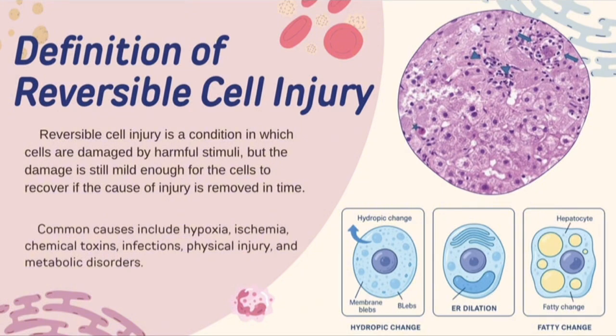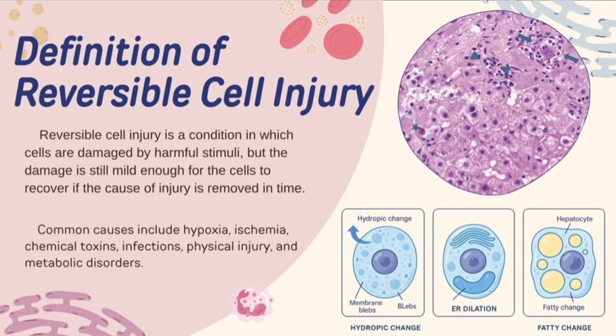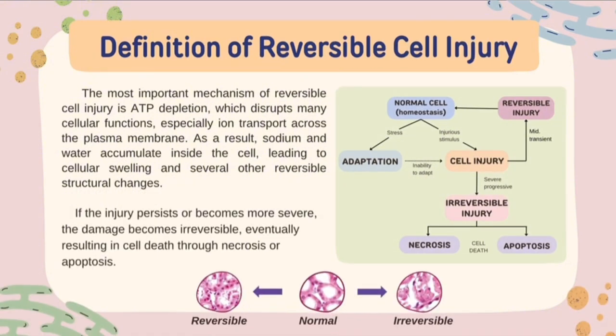Reversible cell injury is a condition in which cells are damaged by harmful factors such as lack of oxygen, toxins, infections, or nutrient deficiency. However, the damage is not severe enough to cause cell death. At this stage, the cells undergo temporary changes in their structure and function.